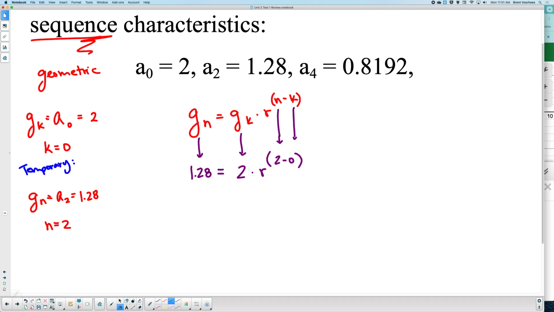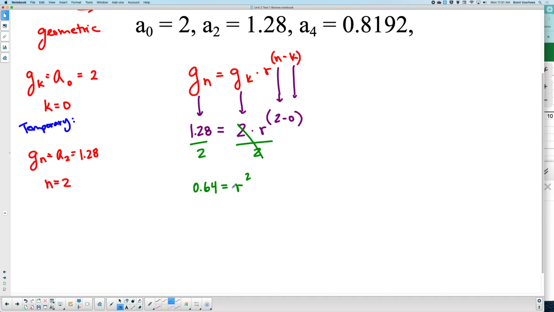To solve this problem, what's the opposite of multiplication? Divide. We divide both sides by 2. Anybody know what 1.28 divided by 2 is without a calculator? 0.64 is correct. 0.64 equals R to the power of, what's 2 minus 0? 2. Okay. 0.64 equals R squared.